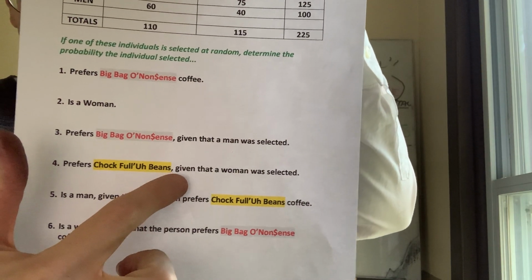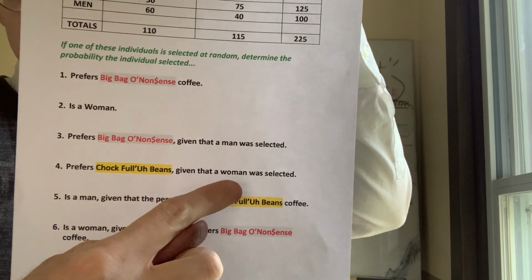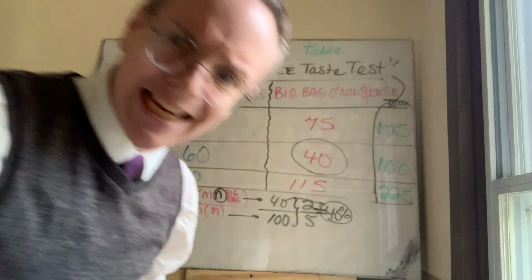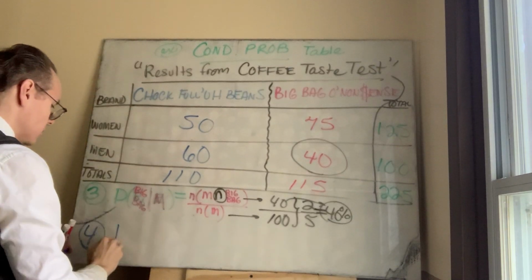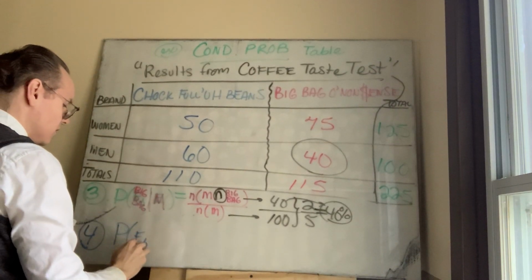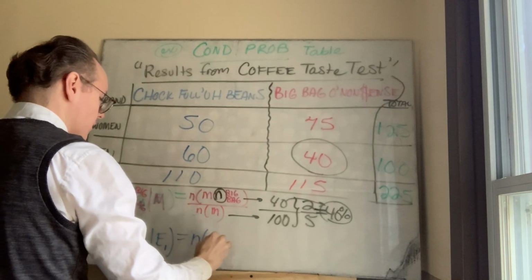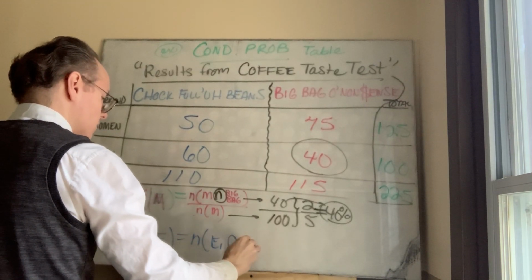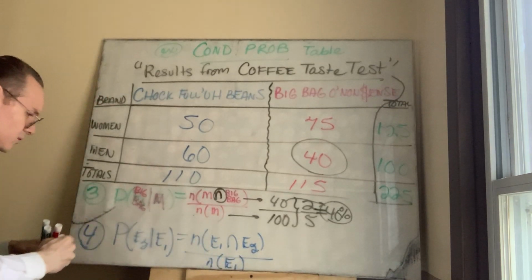Again, for the reason that this follows the word given, I would assume that women in this context are E1. So if this is my formula, E2 given E1 is equal to the number of E1 intersecting E2 over the number of E1. Here's how we would translate that.